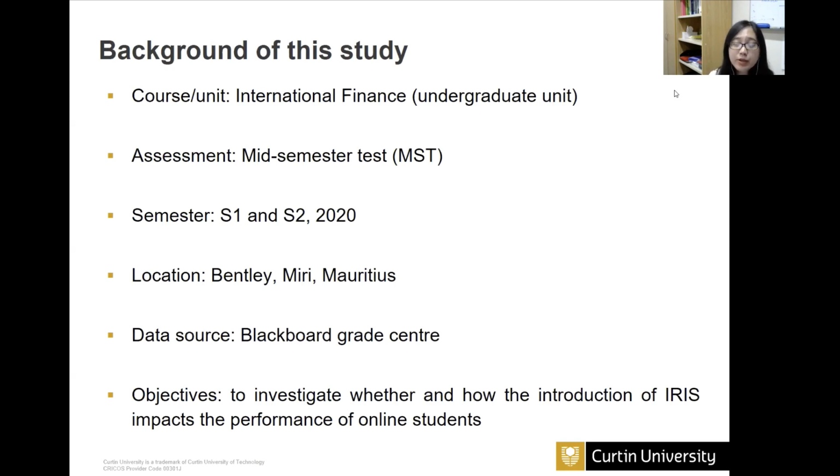In spite of potential benefits associated with a remote invigilation system, for example reduced staff workload, enhanced academic integrity, or convenient study location, it is still unclear whether an online invigilation platform will influence students' performance. So this study aims to fill this gap by examining the impact of ARIS adoption on students' mid-semester test performance.